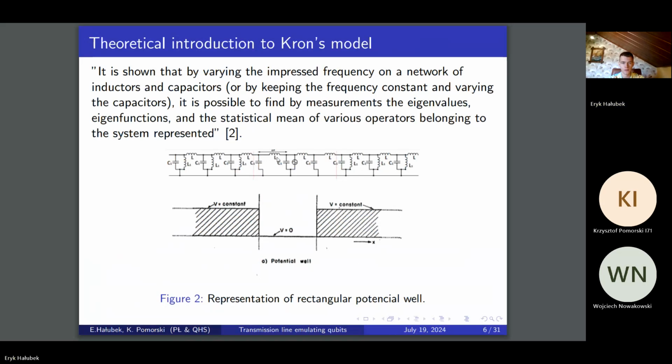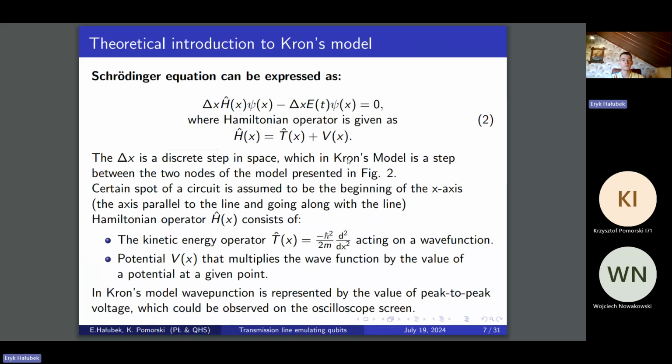Maybe it's a bit difficult to see, but it's the distance between the nodes. That's what delta x is. It's a constant distance between each node. So that's delta x. And that's how we could represent the Schrödinger equation.